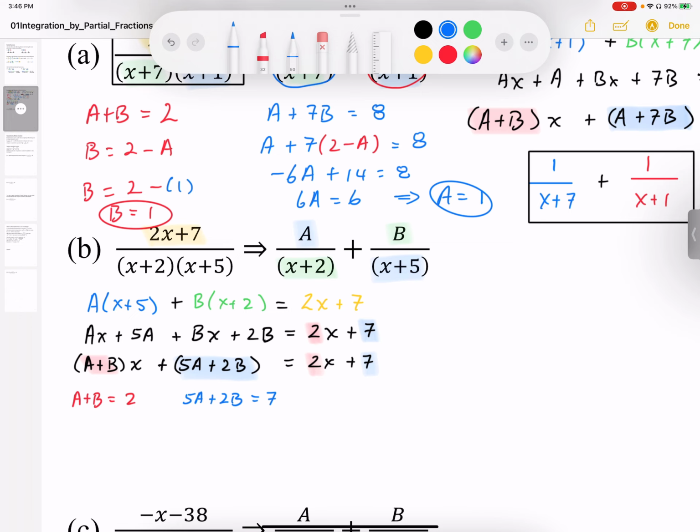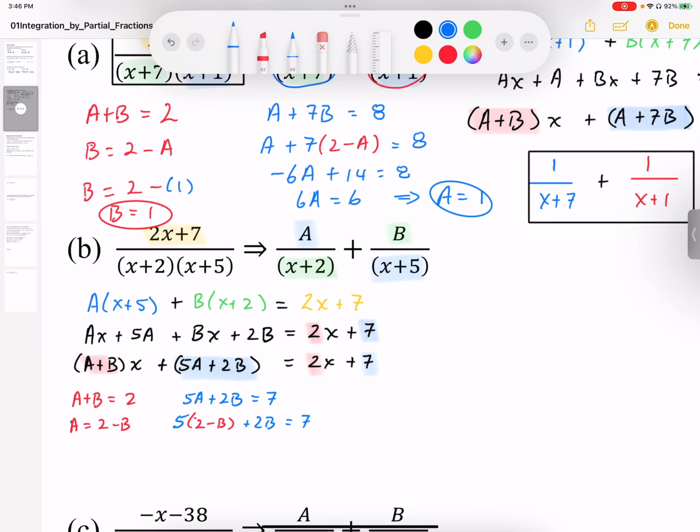Some of you may be able to guess the solution here. I'm going to substitute. So a is equal to 2 minus b. Previously I solved for a. This time I'm going to replace a and solve for b. So I'm going to replace the a in this equation. Instead of 5a, I'm going to use 5 times 2 minus b, plus 2b equals 7.